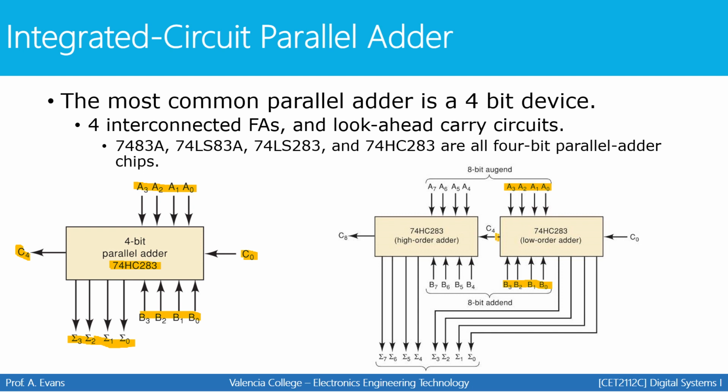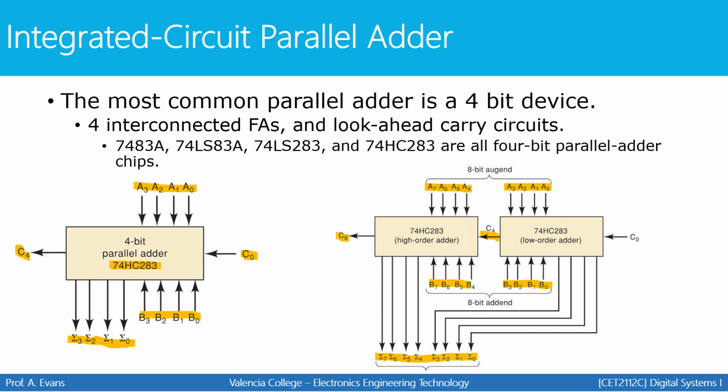It's going to come up with a carry. Provide that carry to the second half of the number, where the second chip is going to add the second half of the number plus the carry to give you a sum and a final carry out if there is one.